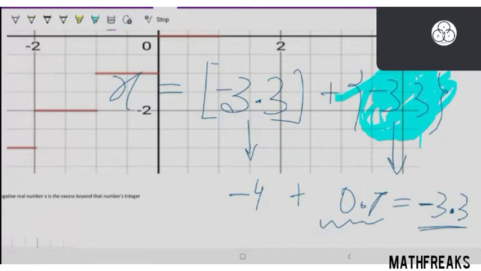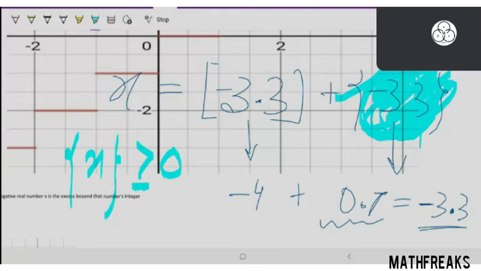From here, we can deduce that this curly function, whether x is negative or positive doesn't matter, is always greater than or equal to 0.